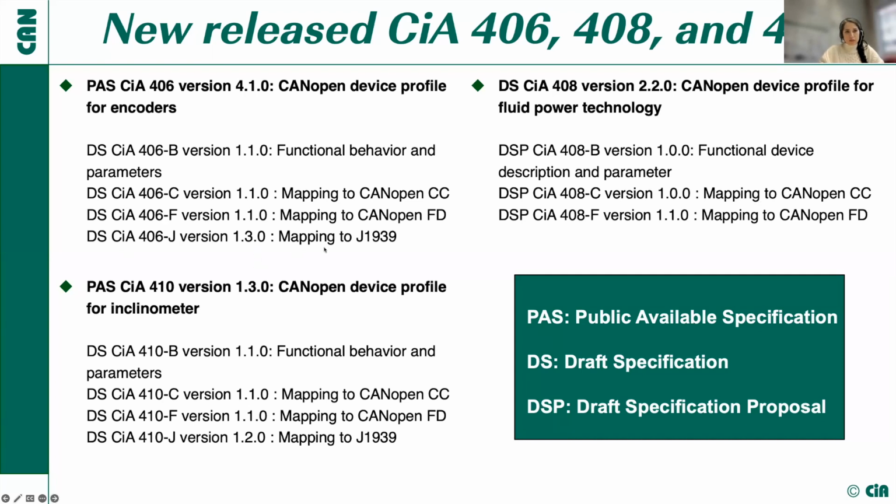And I can say that document 406 specifies the communication and application parameters for different types of linear and rotary encoders, such as incremental and absolute, normal and high resolution encoders.